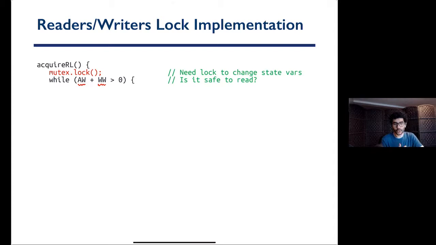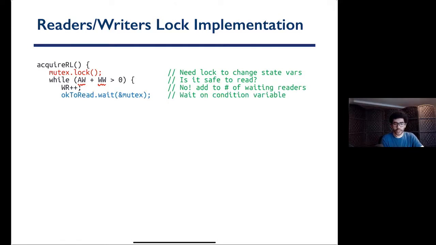I'm not allowed to acquire this lock, so I have to wait. So I become a waiting writer. Oh, sorry, waiting reader. So I add WR++, and I call OK to read dot wait, and I pass the mutex. And at this point, I'm going to go to sleep because it's not a right time for me to acquire the lock as a reader.